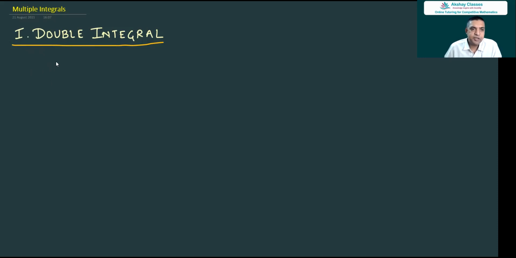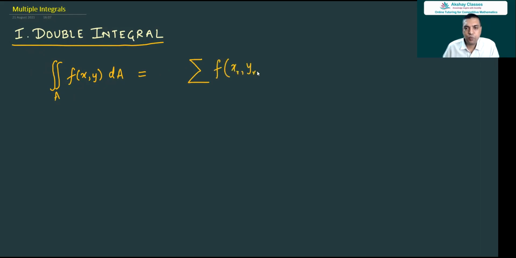Now, what is the basic definition of a double integral? Suppose we have a double integral of a function of x and y integrated over an area A. Now, this will be equal to the summation of f(xr, yr) on a fragmental area, applying limits r equal to 1 to n, with n tending to infinity and delta A tending to 0.